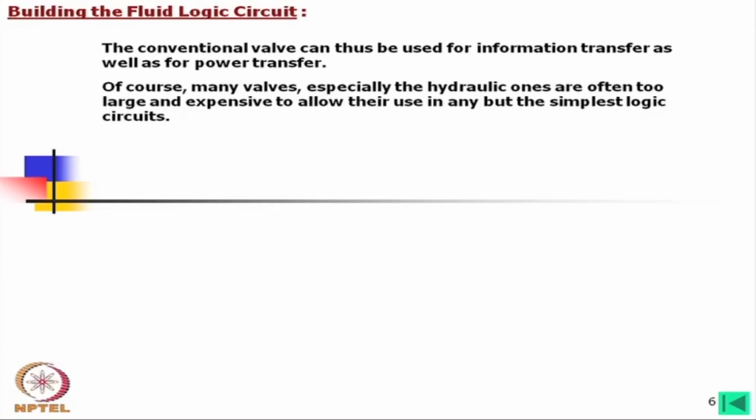Of course, many valves, especially the hydraulic ones, are often too large and expensive to allow their use in any but the simplest logic circuits. Suppose we would like to use hydraulic valves to make logic circuits, we can, but normally it will be expensive and may become bulky.